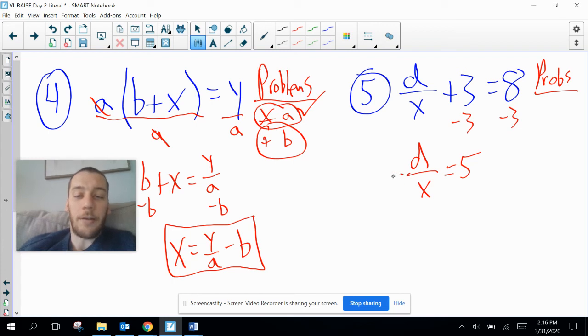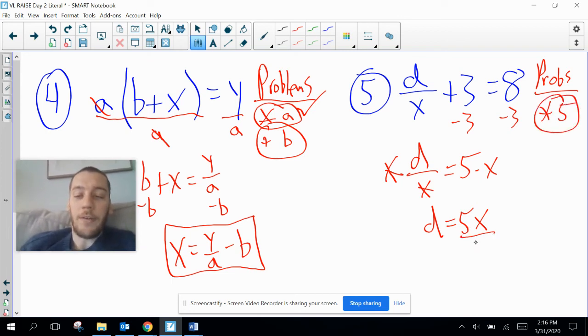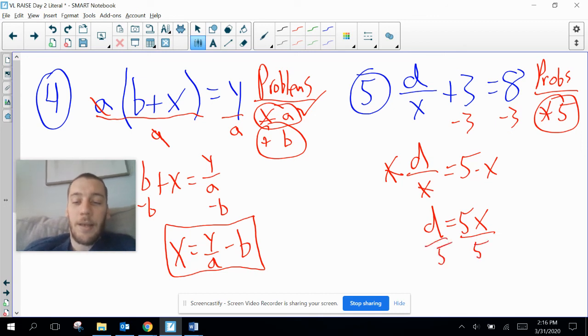So if I want to get something out of the bottom, we multiply by the bottom. That'll cancel these out. We got d equals 5x. So once we get to this point, the problem is only that it's being multiplied by 5. So inverse of multiply by 5 is to divide by 5. And final answer is going to be x equals d over 5.